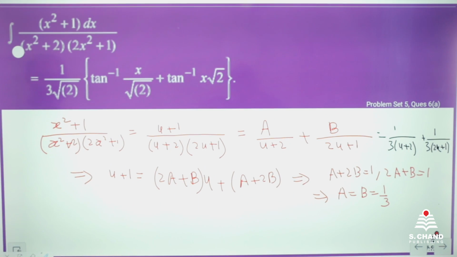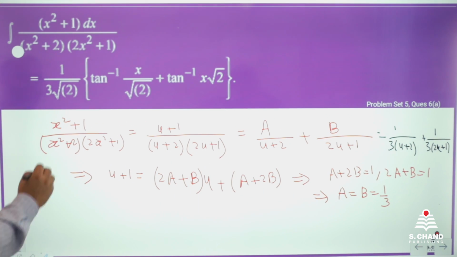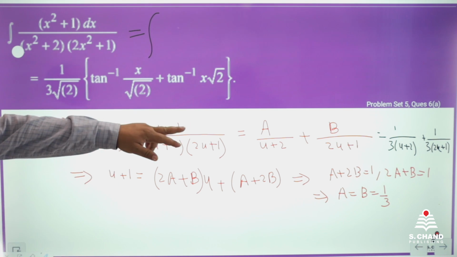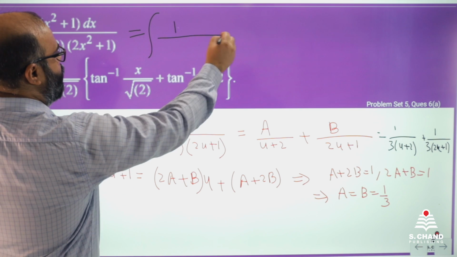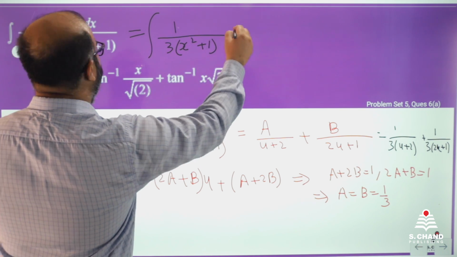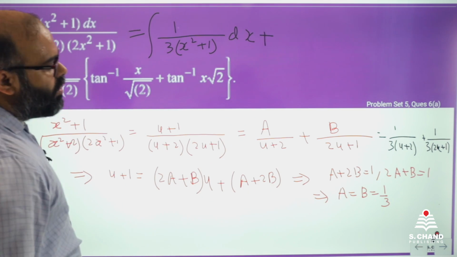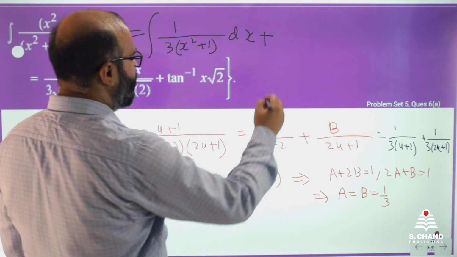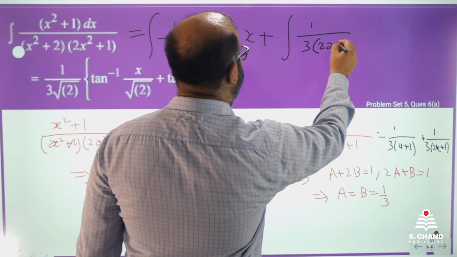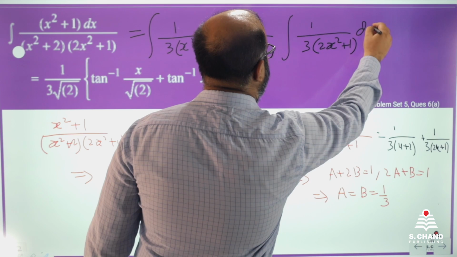Now after doing this, you can write this expression like that. So this is 1 by 3, u is x square, so (x square plus 1) dx plus 1 by 3, and 2u is 2x square plus 1, dx, like this.